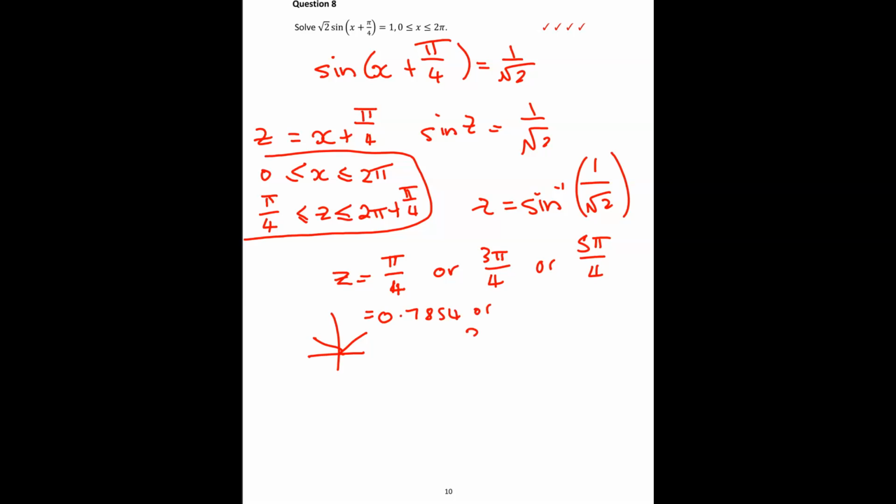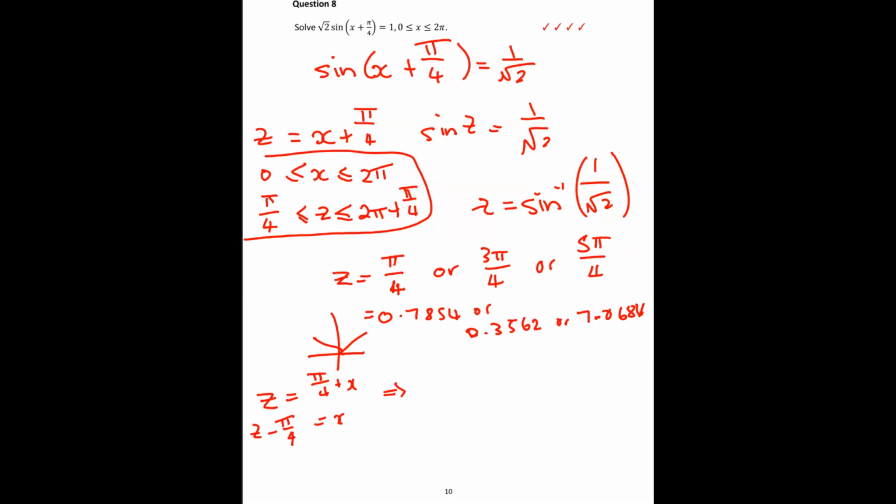So that's z, but z we said was pi over 4 plus x, so we need to say x equals z minus pi by 4.